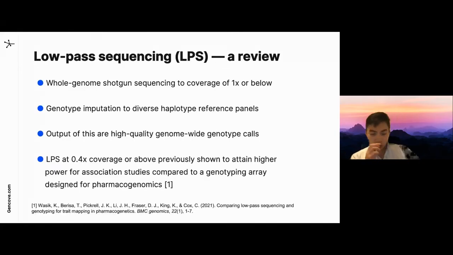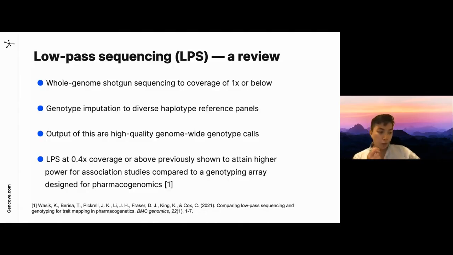And as a brief review of what low-pass sequencing actually is, this is a fairly simple concept: whole genome shotgun sequencing to a coverage of 1x or below. Typically, we target a coverage of 0.4x or thereabouts. Empirically, that's been the best trade-off that we've seen in terms of cost versus quality of data.